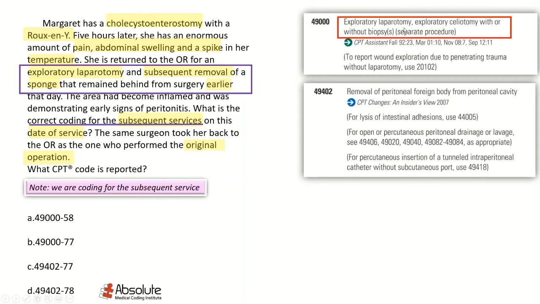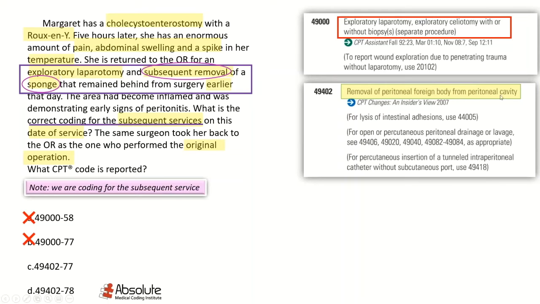So exploratory laparotomy with exploratory celiotomy with or without biopsy, separate procedure. Well, we're not doing all that. And the modifier is wrong. So we're going to take these two away. So we're going for subsequent removal. Here we go. Removal of peritoneal foreign body from the peritoneal cavity. Even though they're exploring, don't let this verbiage get you.